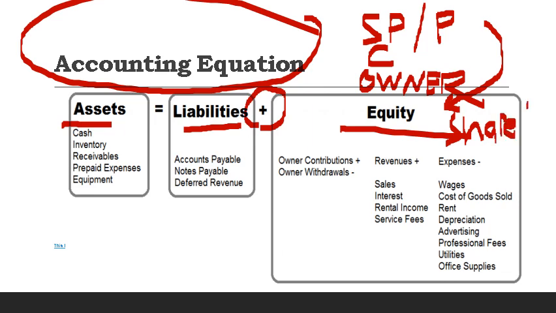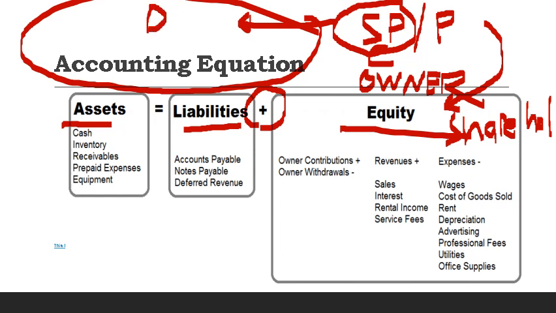Now, if your business is a single proprietorship, meaning there is a single person who owns the business, the registration of your business is with the Department of Trade and Industry.